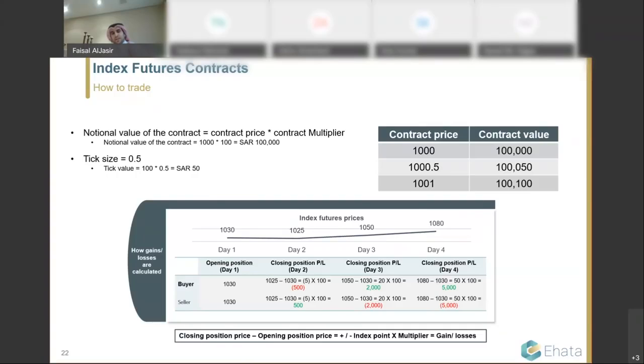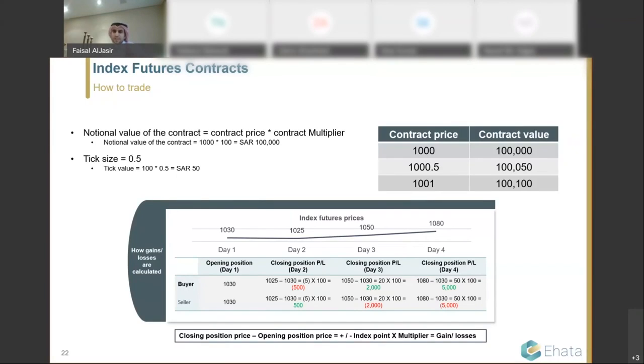Now, the third day, things went to 1050, and you simply look at the price 1050 for day three, and subtract that from the open price, day one price, which is 1030. That's 20 multiplied by 100. That's a 2000 gain for the buyer and 2000 loss for the seller.